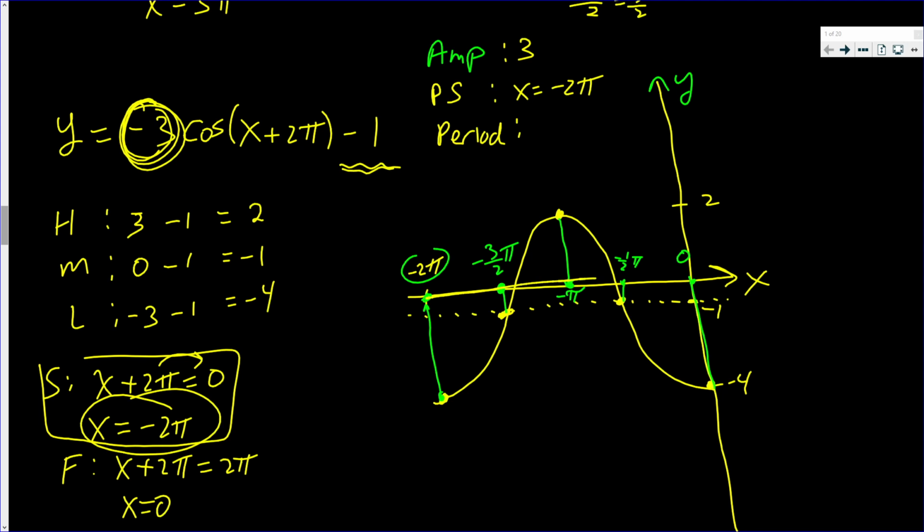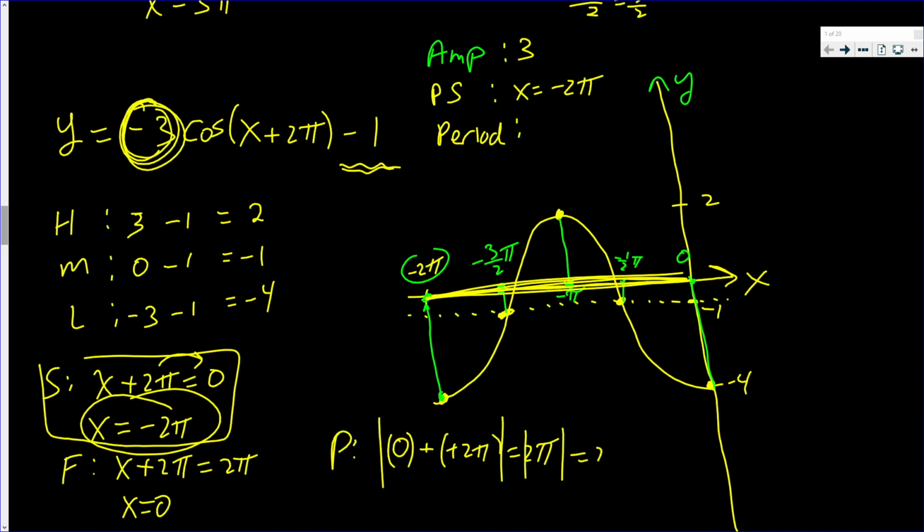Well, I would hope that you can tell that that distance is 2 pi. But if you need to, it's the finish minus the start. We can change and change, and we get 2 pi. And again, just in case it's negative, put absolute values. 2 pi.